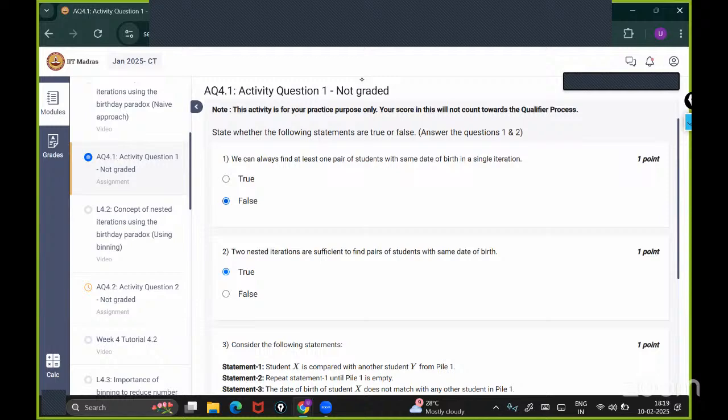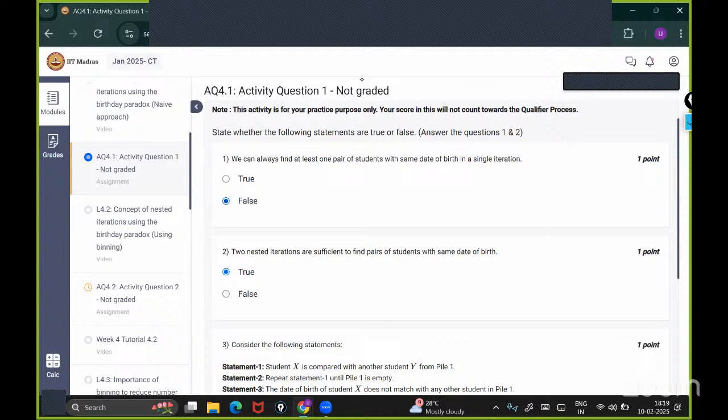Is it possible to find the people who have the same date of birth using a single iteration? It is not possible. Exactly. Why is it not possible? Because we have to also compare.